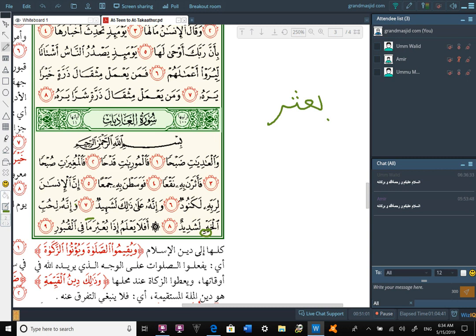Ma here is your na'ib fa'il. What would normally be the object of the verb, here it is your fa'il, because the sentence is passive. Bu'thira, when it is turned out, when it is exposed, when it is pushed out. Ma, what? Fil kubur, what is in the graves? Jar wa majroor. Does he not know when what is in the graves will be exposed, turned out, pushed out? Bu'thira. Exposed, brought out. And then he continues on the next page.